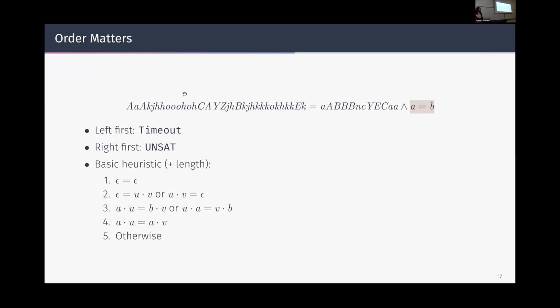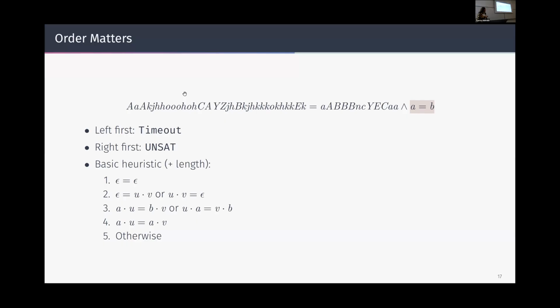In Dragonly, we didn't just do a basic search first. We also had some naive heuristic, let's say. We first started by managing equations that are already empty string equals empty string. Then we manage equations such that the empty string is equal to something else.